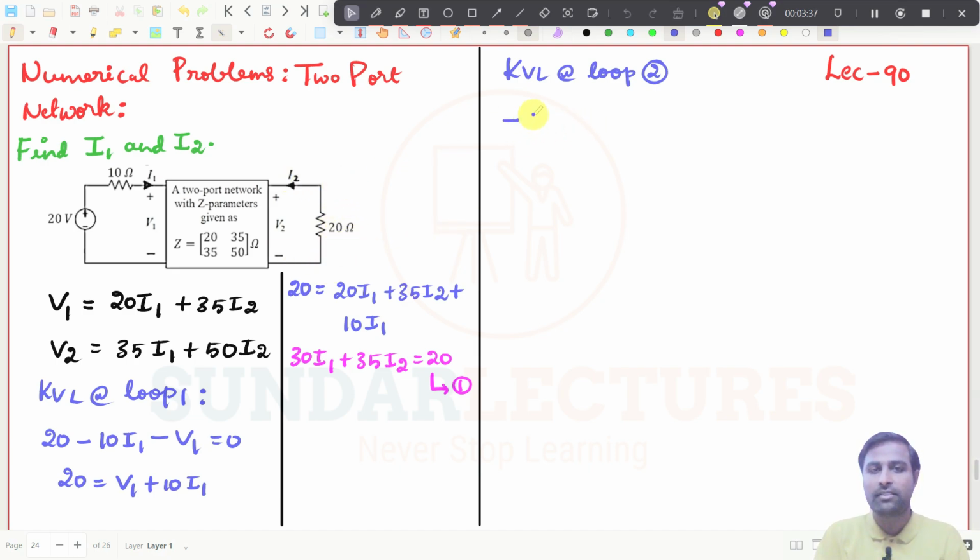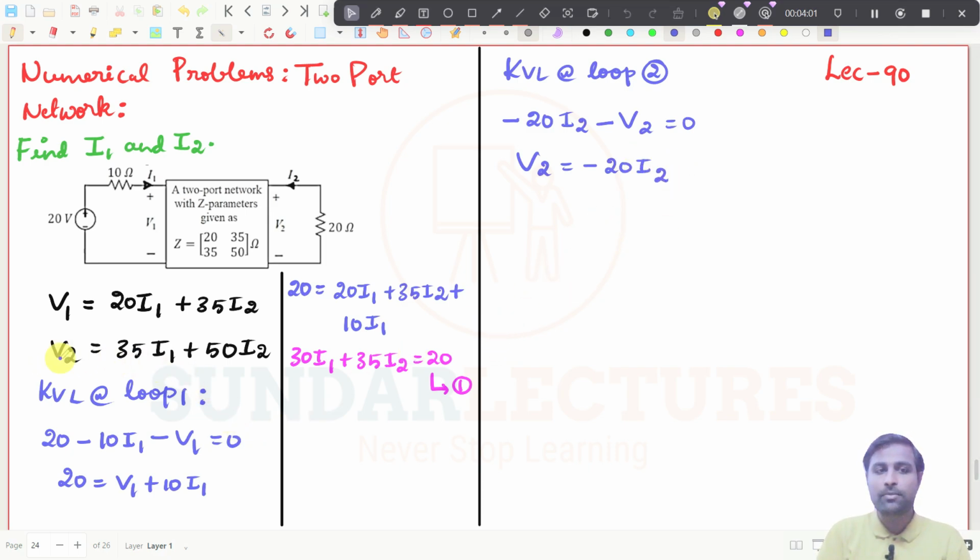So it will be minus 20 I2, and then you are traveling from plus to minus, so it will be minus V2 equal to 0. This is the expression for V2. So I can write V2 is equal to minus 20 I2.